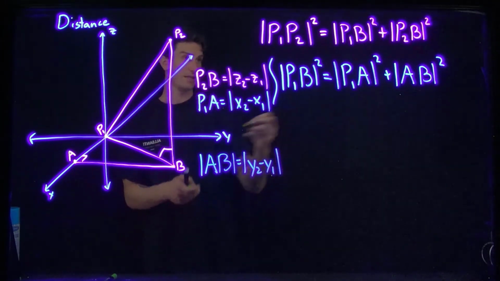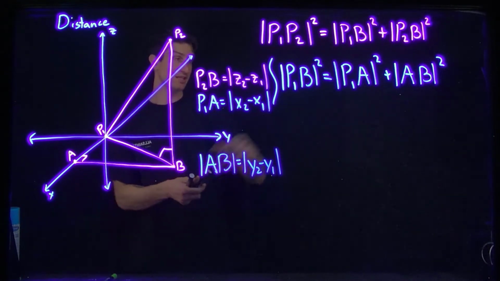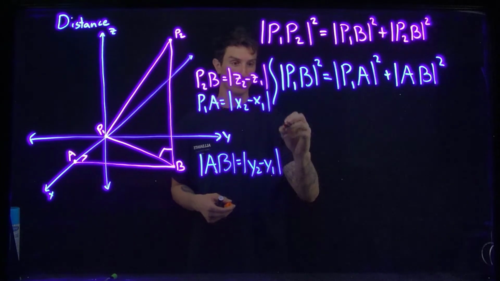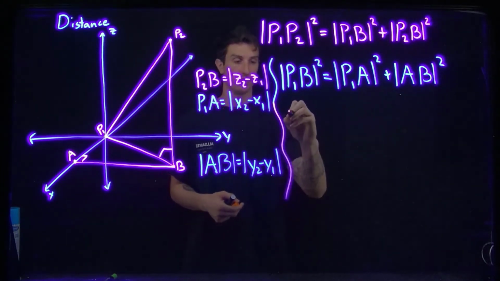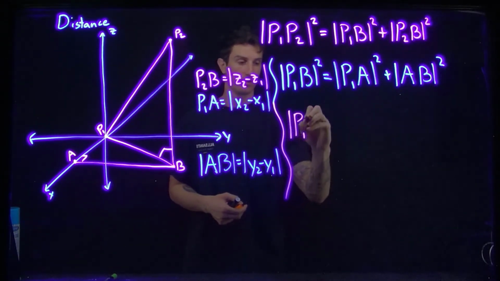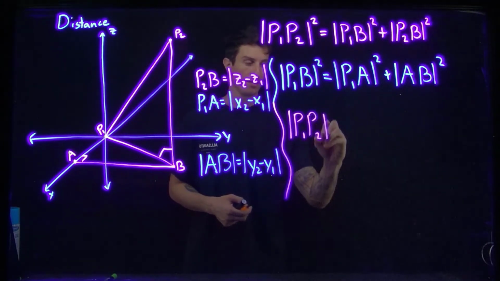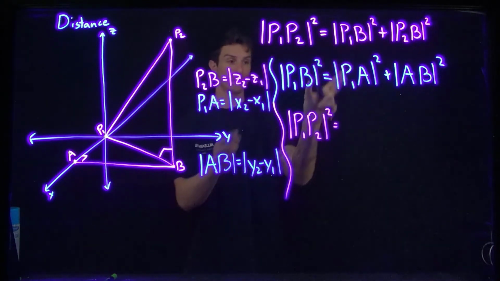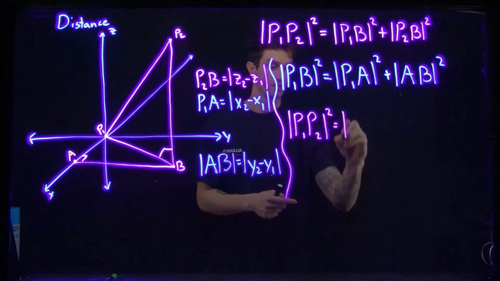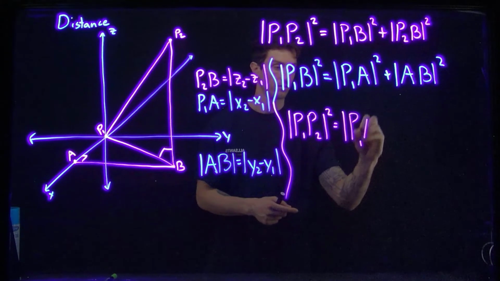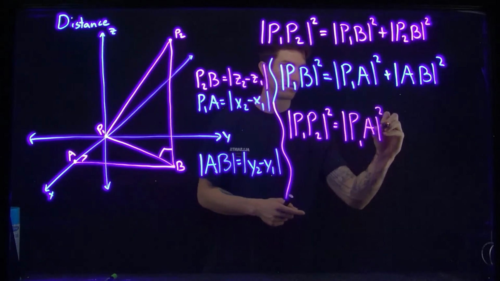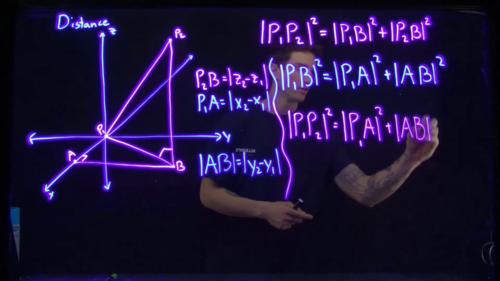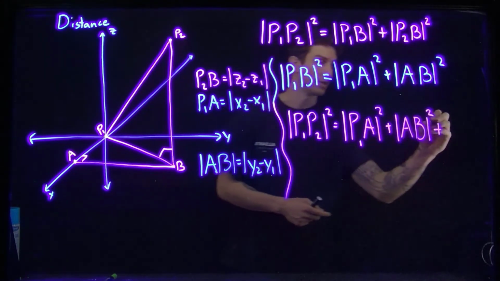And so what do we get? Well, let's put both of these equations together, because we want to solve for P1P2. So P1P2 squared is equal to, and let's just go down the list here, P1B is going to be this, plus P2B. Sorry about the squeaky markers.